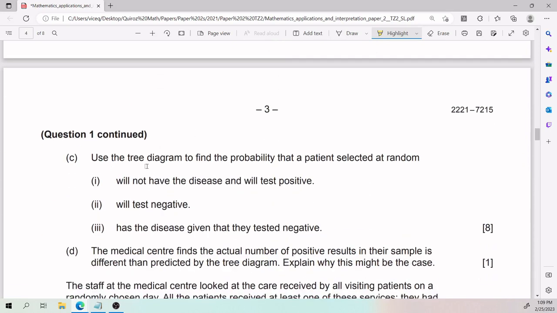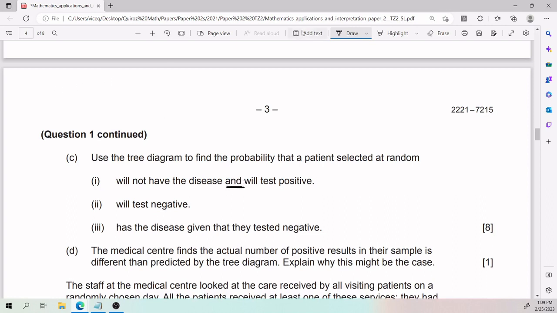Part C. Use the tree diagram to find the probability that patients selected at random will do each of these thingies. Okay? So, in probabilities, there's buzzwords that can help a lot. See? These exercises in general, you want to look for buzzwords, and in the realm of probabilities, "and" is a massive buzzword.